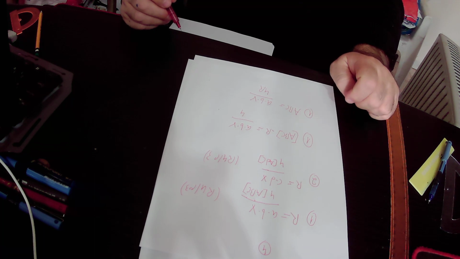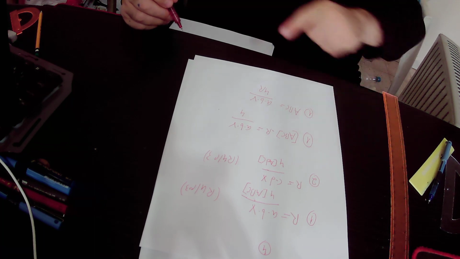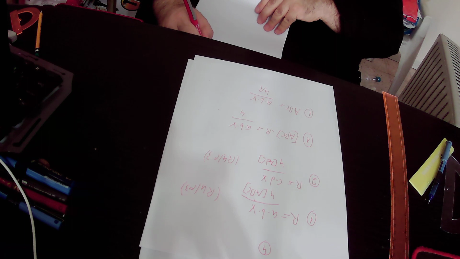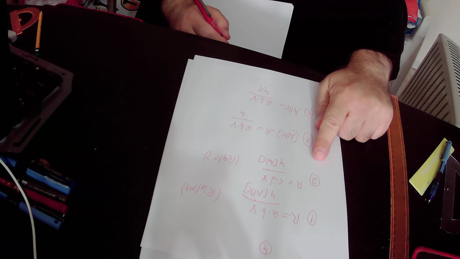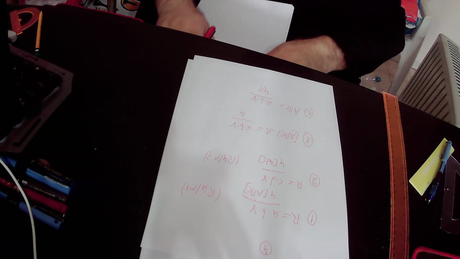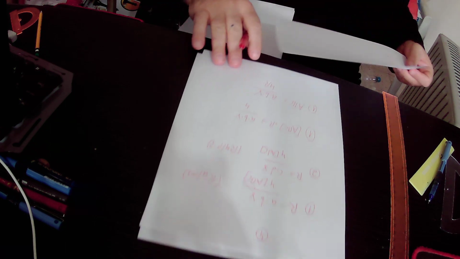So we'll do the same process on equation number 2. Equation number 2 states that the radius of the circle equals C times D times X over 4 times the area of triangle ADC.